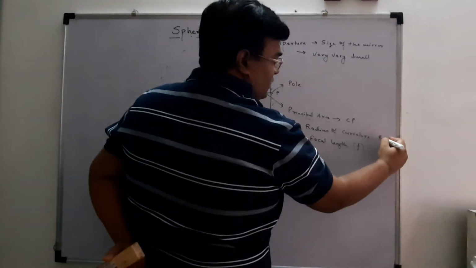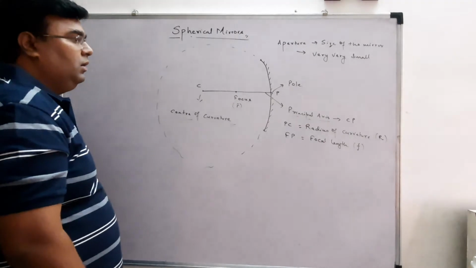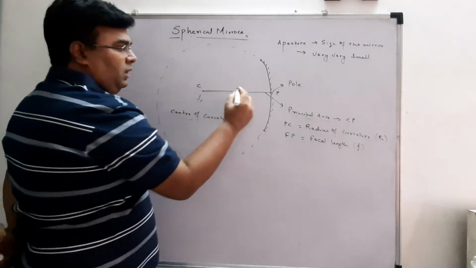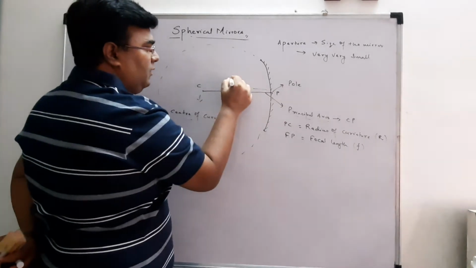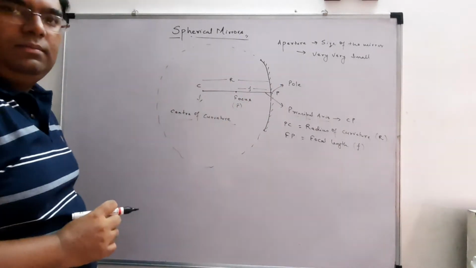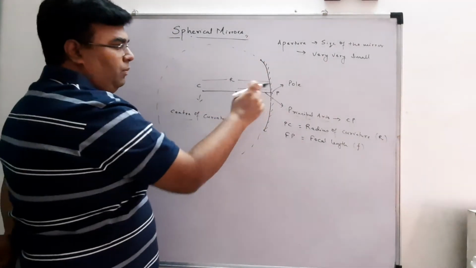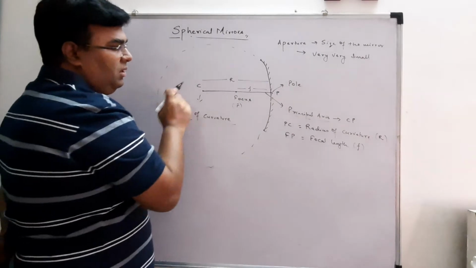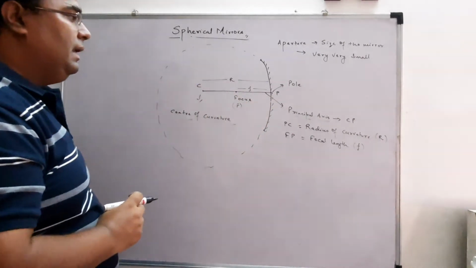This radius is capital R. So we know the aperture, pole, center of curvature, radius of curvature, focus and focal length.